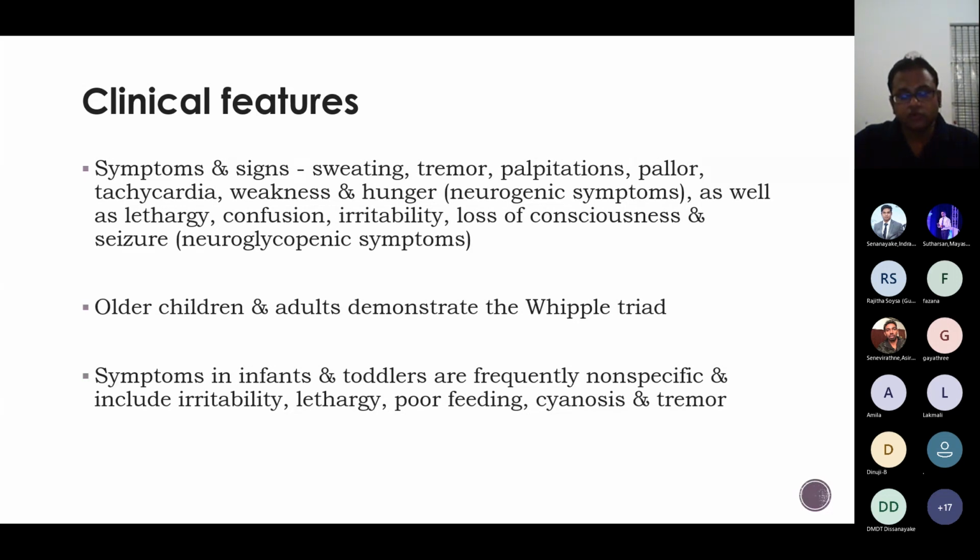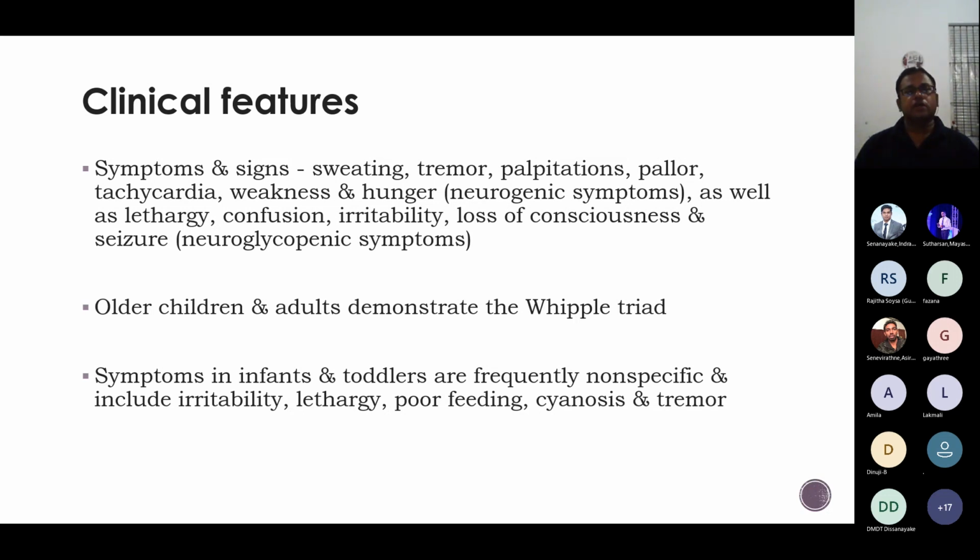As a result, when the glucose level is very low, there will be less glucose delivered to the brain. So these other symptoms are called neuroglycopenic symptoms, that is due to lack of glucose to the brain. They include lethargy, confusion, irritability, loss of consciousness, and even seizures.